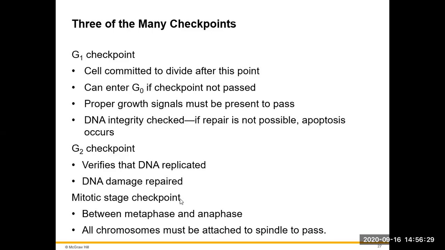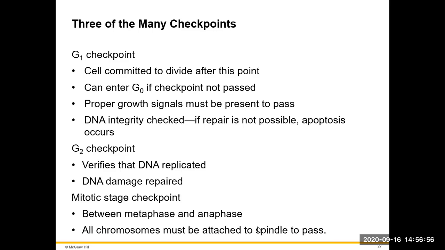The mitotic stage checkpoint is found between the metaphase and anaphase, and all chromosomes must be attached to the spindle to pass. One defining feature of the mitotic stage checkpoint is that all chromosomes have to be attached to the spindle fibers at the centromere.